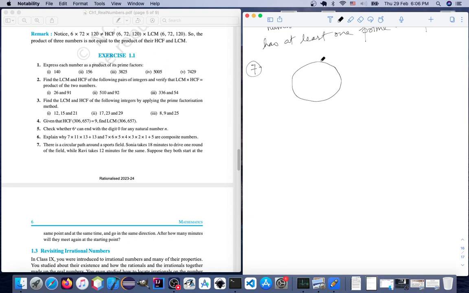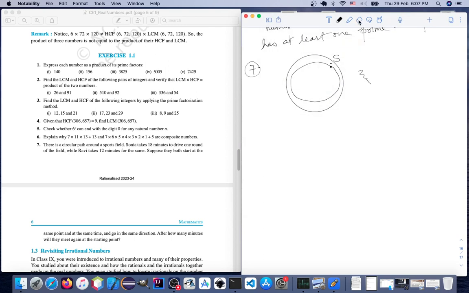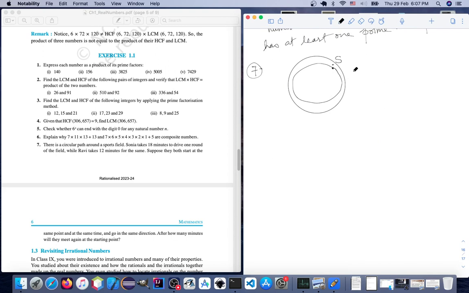There is a circular sports field. Sonia takes 18 minutes to drive one round of the field. Let's say Sonia and Ravi start from this point.